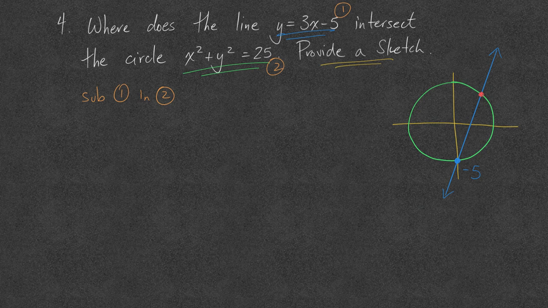To do that, I am going to replace my y with what it is equal to. What I've copied out in orange is equation 2, except I replaced my y with 3x minus 5, because equation 1 tells me y equals 3x minus 5.